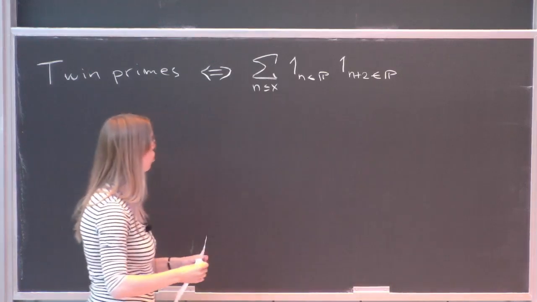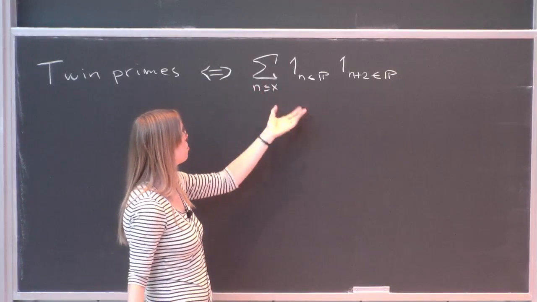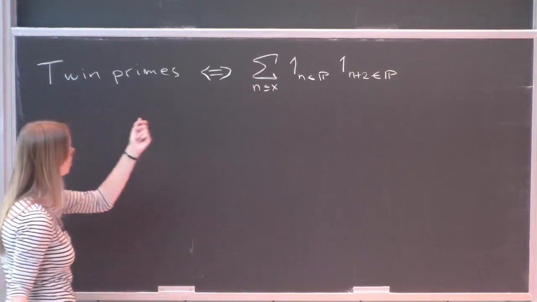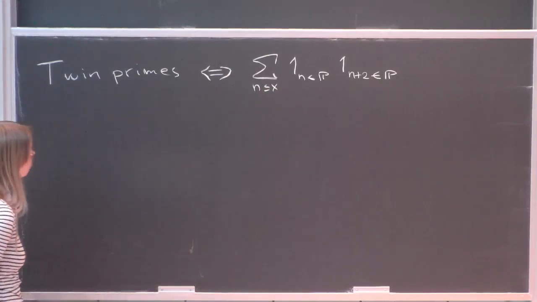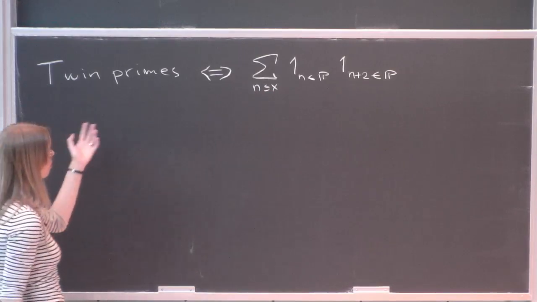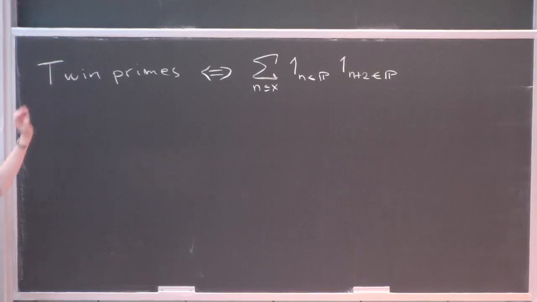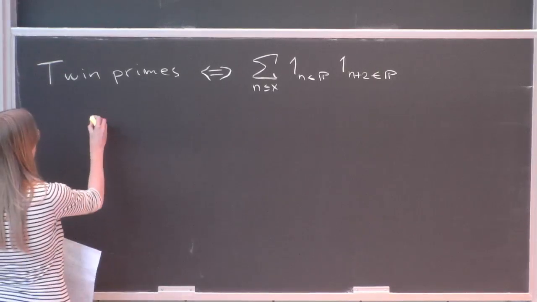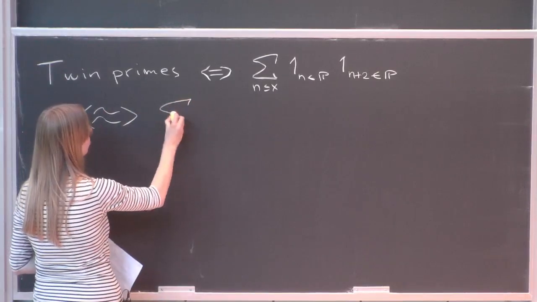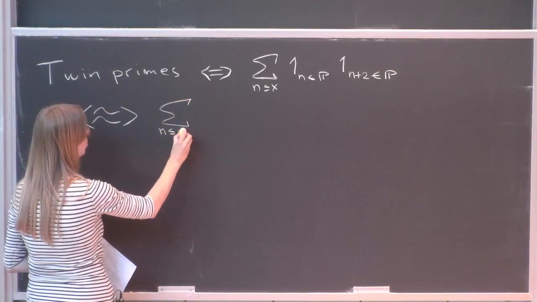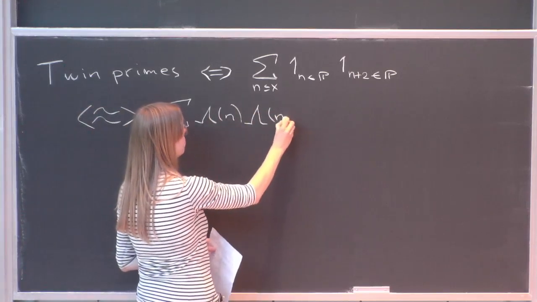If we can show that this is tending to infinity with x, then we can show that there are infinitely many twin primes. And studying the indicator function of the primes is essentially the same as studying the von Mangoldt function. So understanding twin primes also corresponds to understanding Λ(n)Λ(n+2).